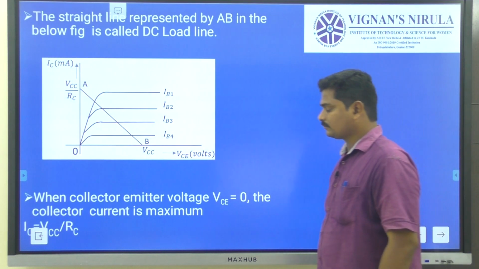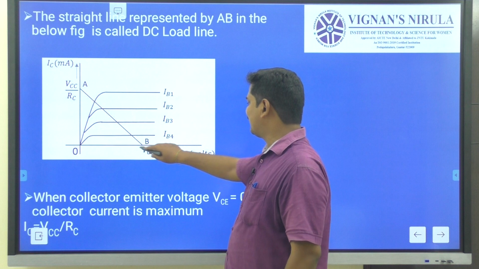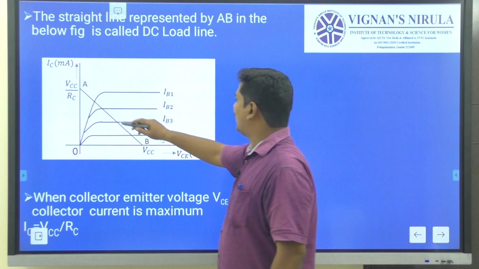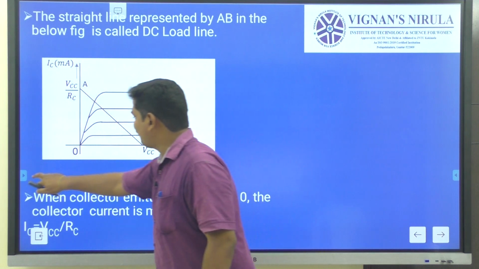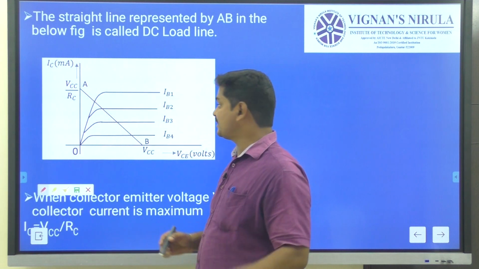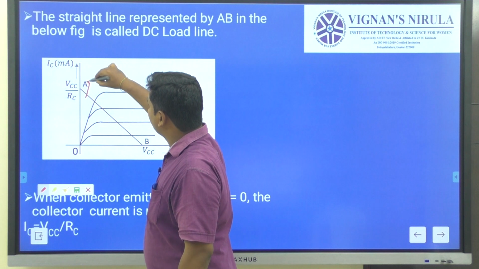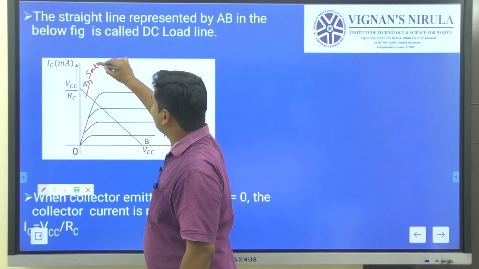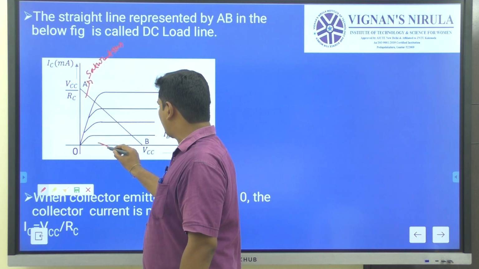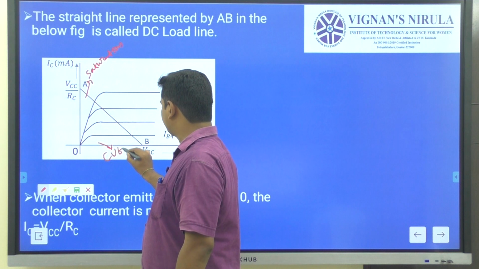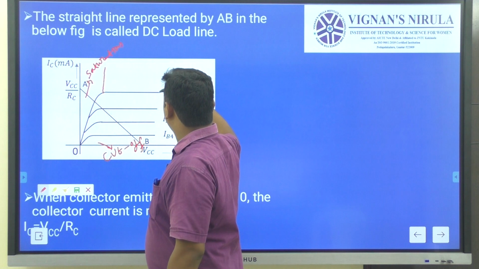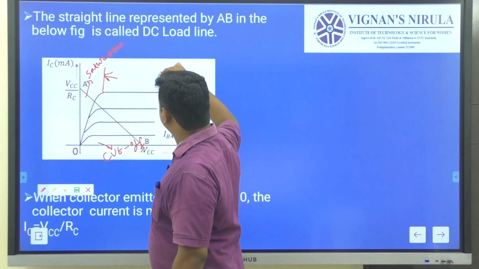If you analyze these points, this is the applied VCC voltage, and that voltage will equal your VCE. Here we have three regions. This region is called the saturation region or ohmic region, this region is called the cutoff region, and this region is called the active region.